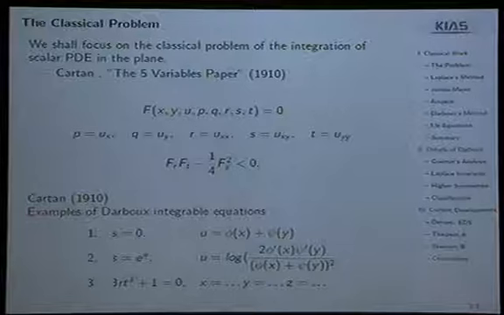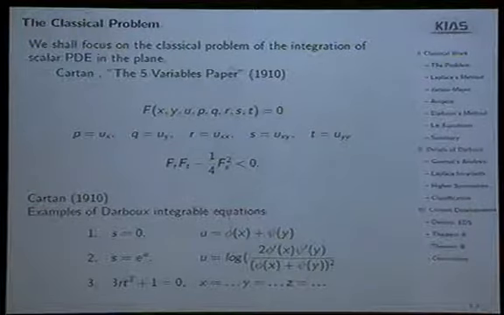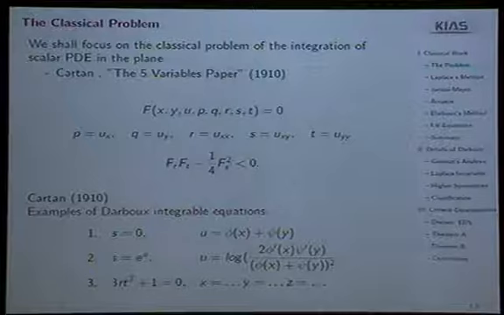Okay, and here's a second example, Liouville's equation, u_xy equals e to the u. Many people are familiar that this equation can be integrated in closed form. The formula is more complicated than this one. The interesting difference here is that we have an arbitrary function phi, an arbitrary function psi, and their derivatives appear in this formula.